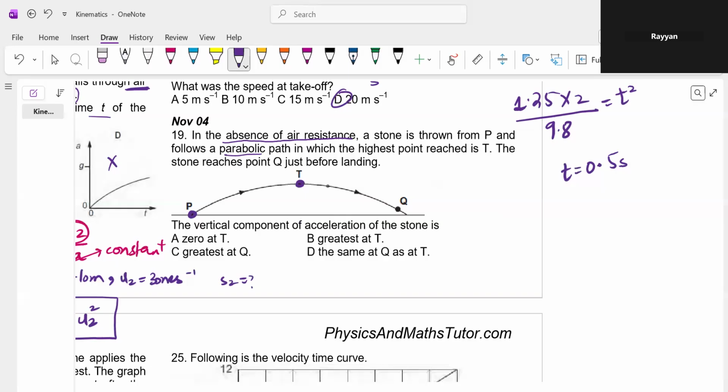Firstly, you must know what the vertical component is. You have a horizontal component and a vertical component. We have done this.